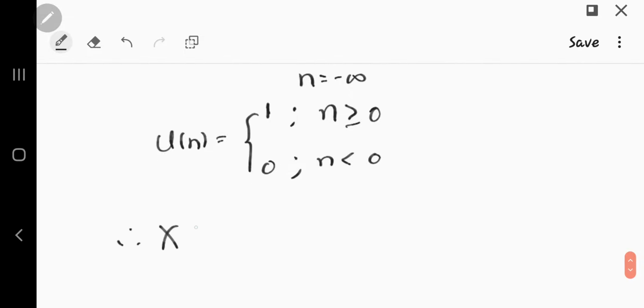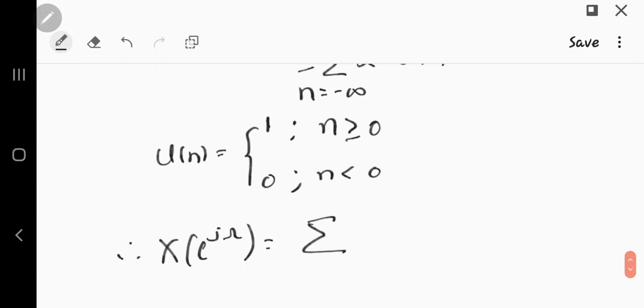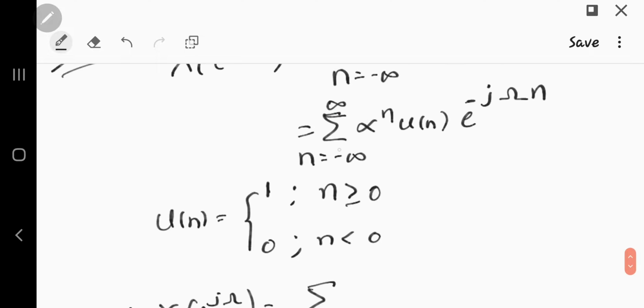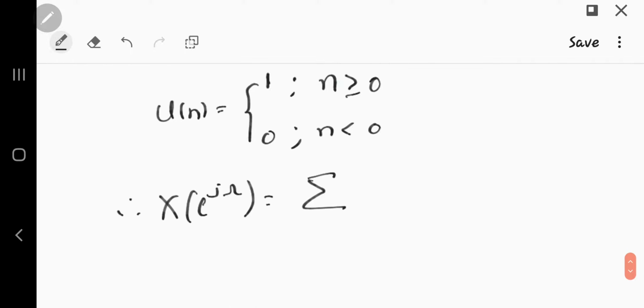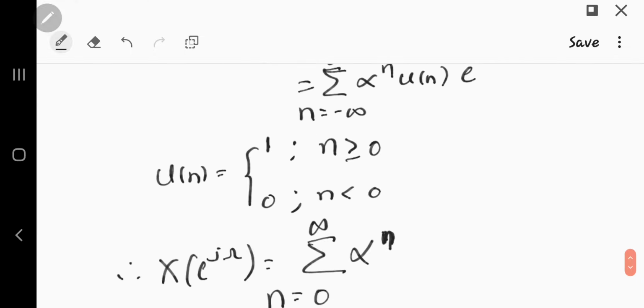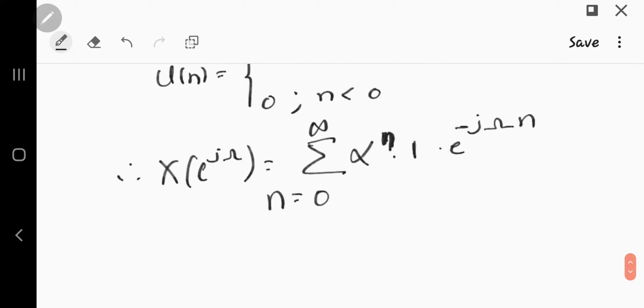So, therefore, X of e power j omega: our limits, minus infinity to plus infinity, reduce to only values of n which are greater than or equal to 0. So, n varying from 0 to infinity of alpha to the power n. In this particular duration, what is the value of u of n? 1. Alpha to the power n into 1 into e power minus j omega n here.